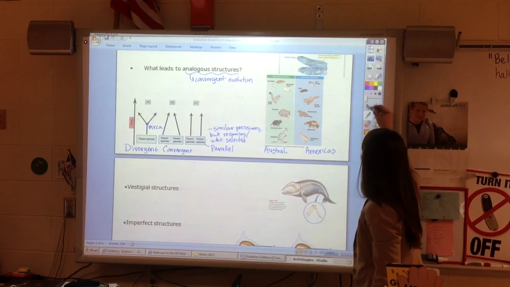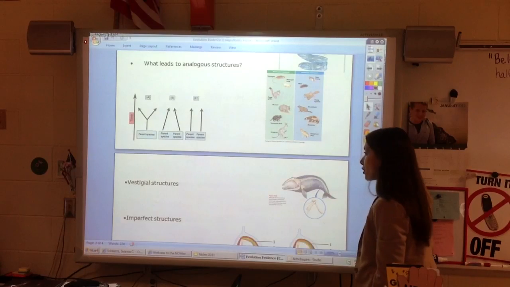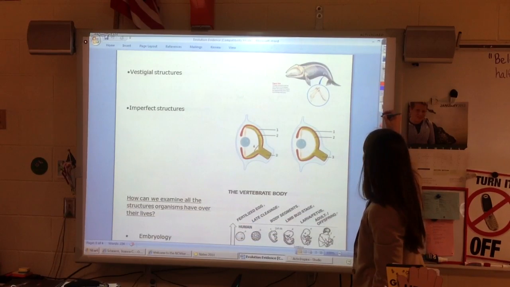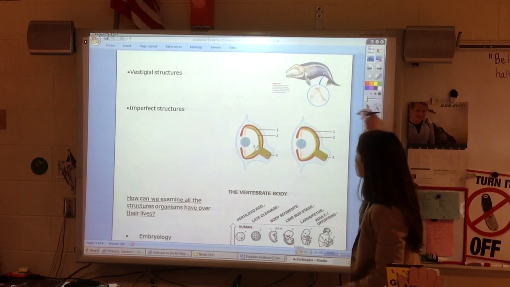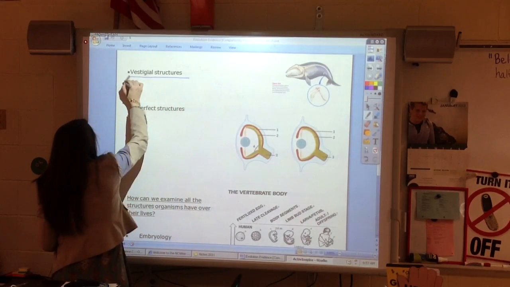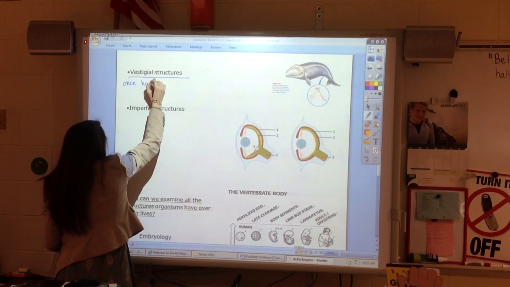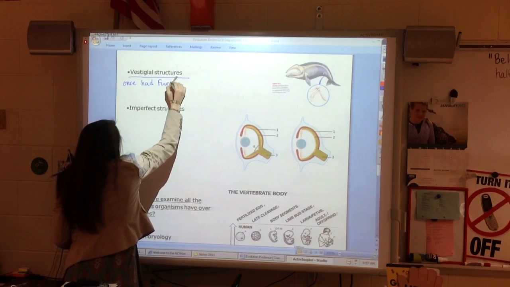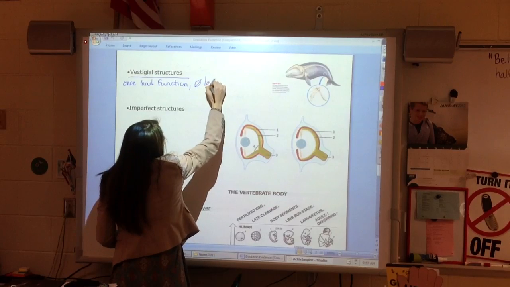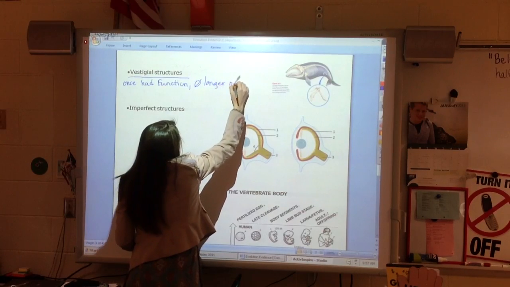The other parts that we want to get to when we talk about structures are vestigial and imperfect. And so when we look at vestigial structures, these are structures that once had a function, but are no longer necessary.